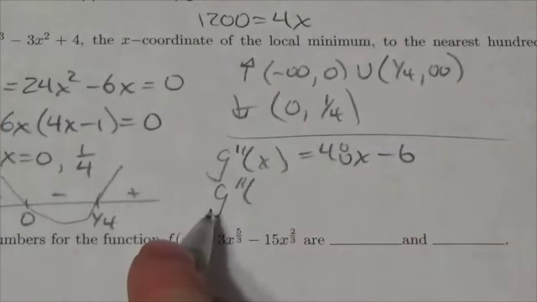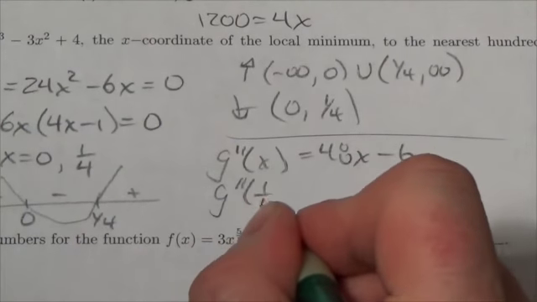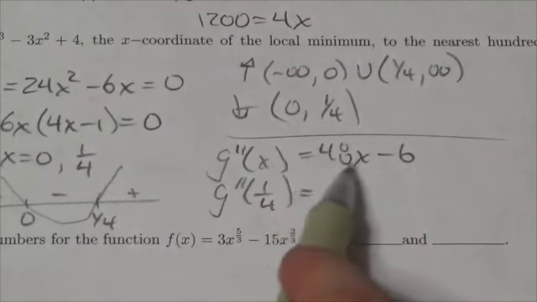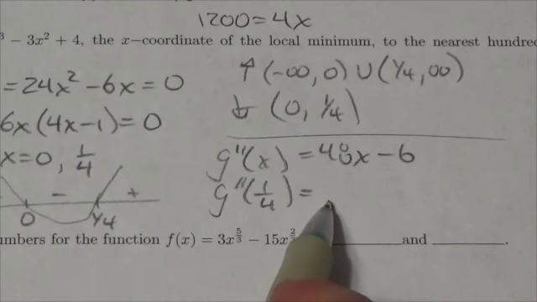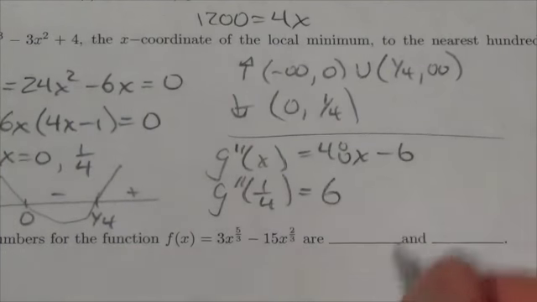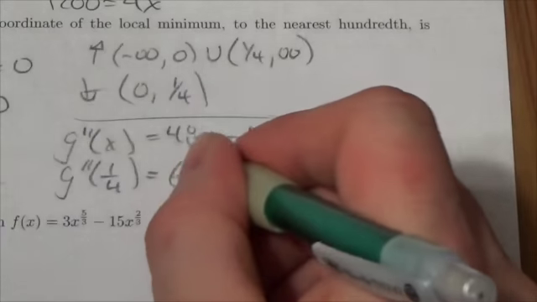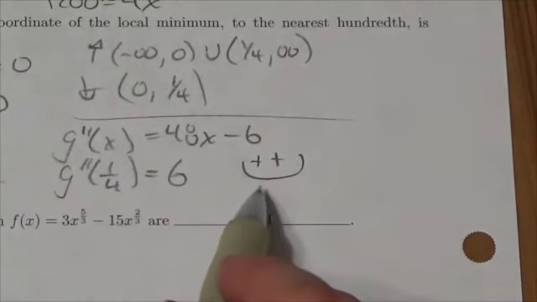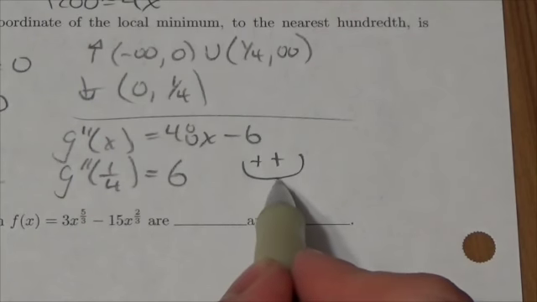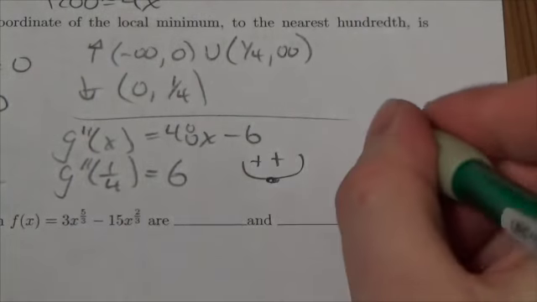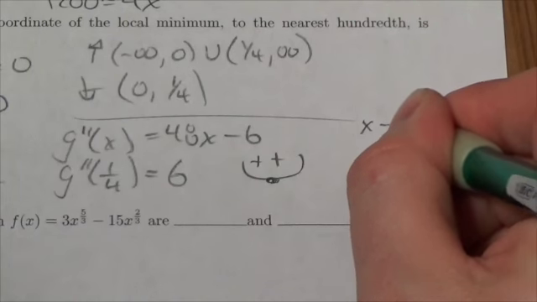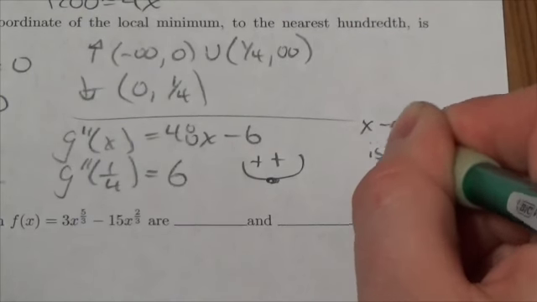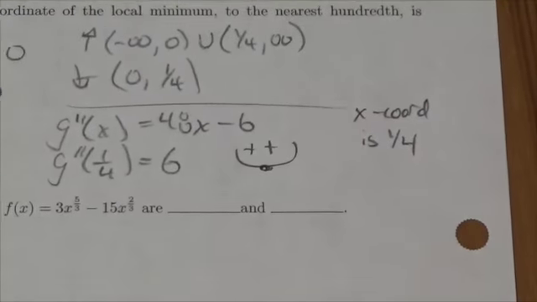So the second derivative evaluated at 1/4 is going to be, well, 1/4 of 48 is 12, minus 6 is 6. And because that is positive, I know that it's concave up at 1/4, and that tells me that I've got a minimum. So therefore, the x-coordinate is 1/4. That's where that local minimum is coming from.